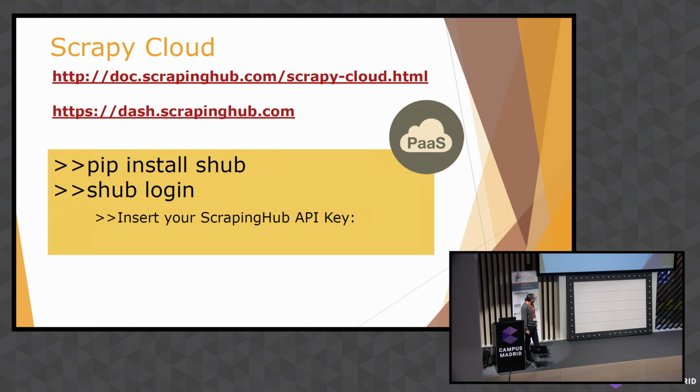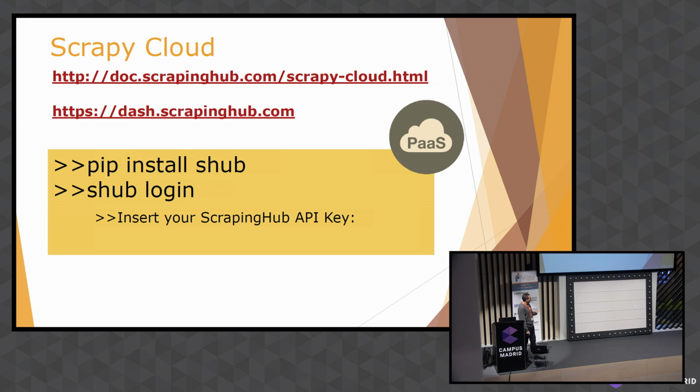And finally, Scrapy Cloud. Scrapy Cloud is a site in the cloud where we can run our spiders, schedule, manage, and so on. In this case, well, we have to use the shub module for logging.